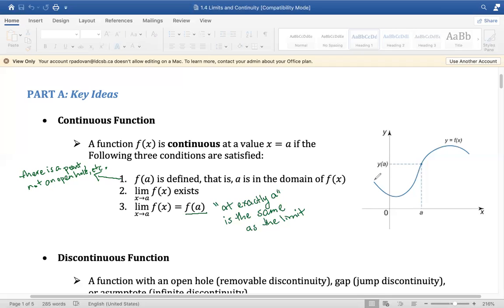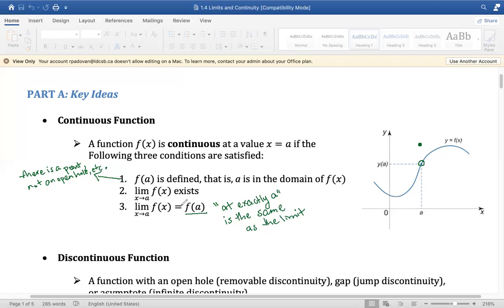Also looking at the graph, you can see that this line is continuous from left to right, which is how you'd read the graph. There are no breaks and no open holes. But just to show you, if this were an open hole and I had my solid dot on top, then my limit as x approaches a from the left and my limit from the right are nearing the same y value, but f at a would be not where the open dot is, but where the solid dot is.